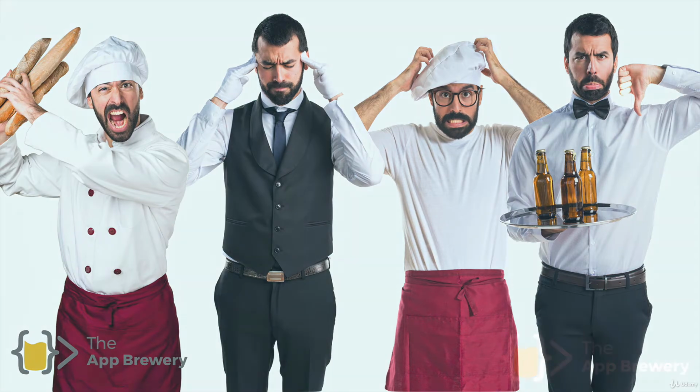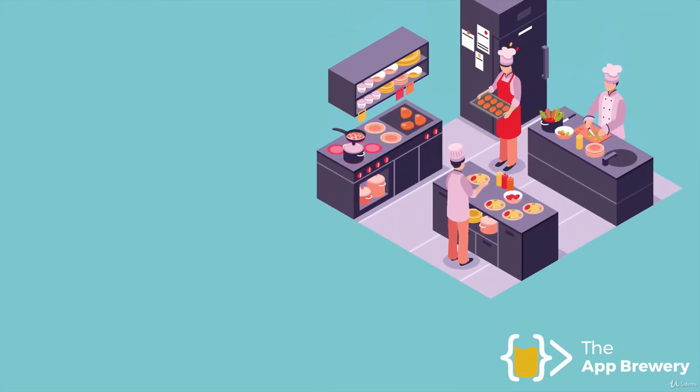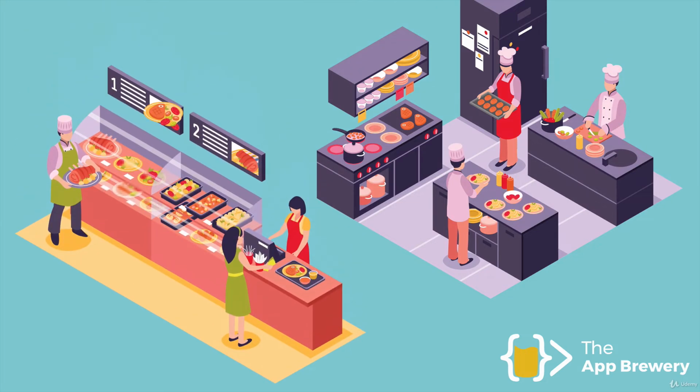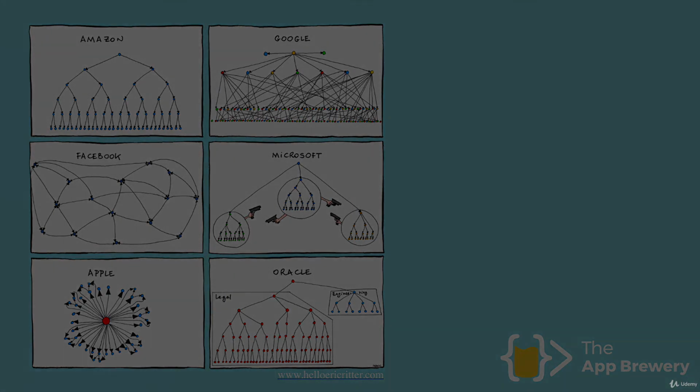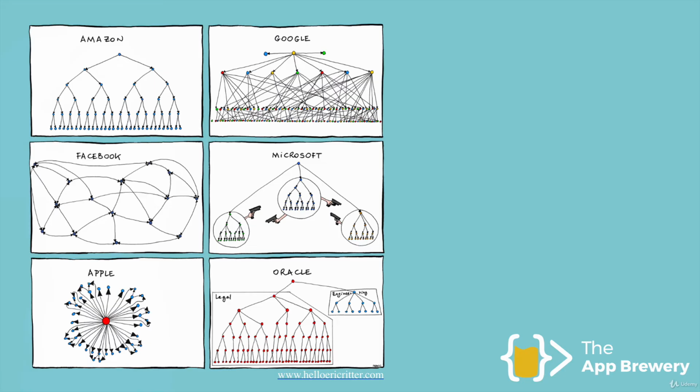So what do we need instead? Well, the best restaurants have staff who know exactly what they're supposed to do at any given point in time. And it's the same thing managing complexity everywhere. Companies have a lot of complexity, and so does software. So we need to come up with an org chart for our software.